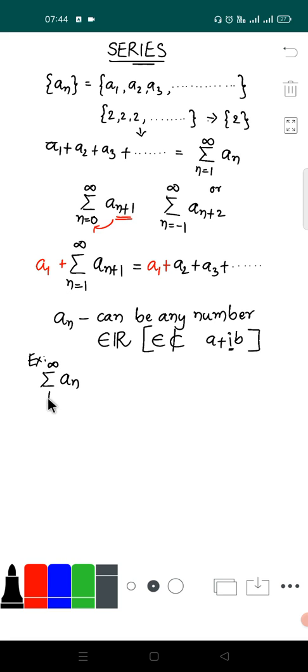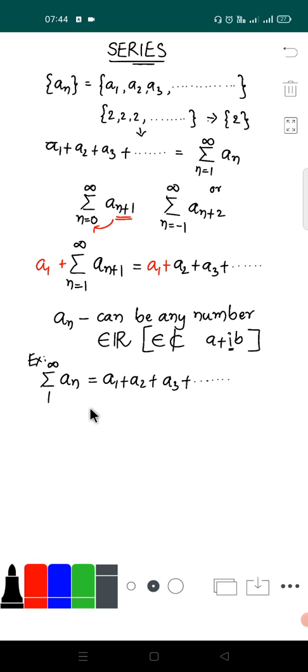I did not write n equals 1 because there is only one variable here, n, so it must go from 1 to infinity. So this is the summation of a1 plus a2 plus a3 and so on.